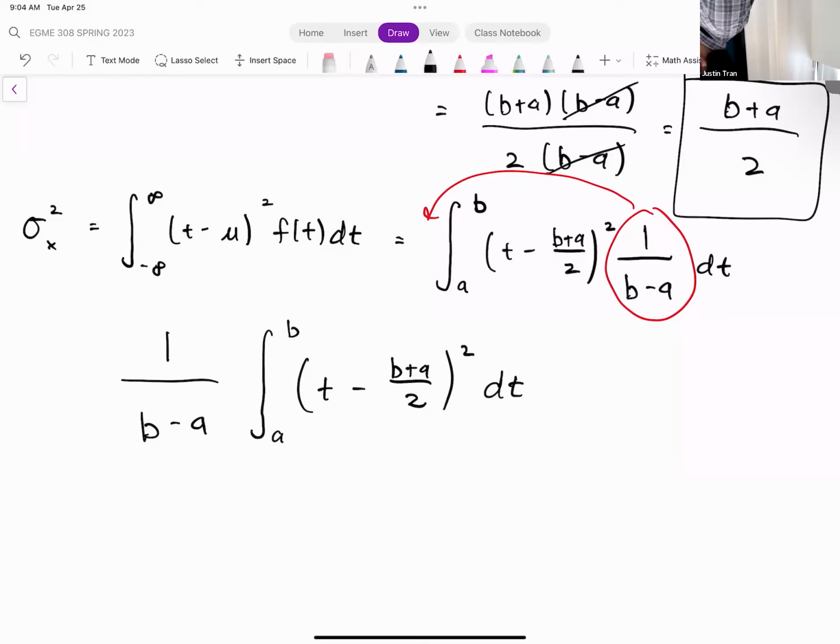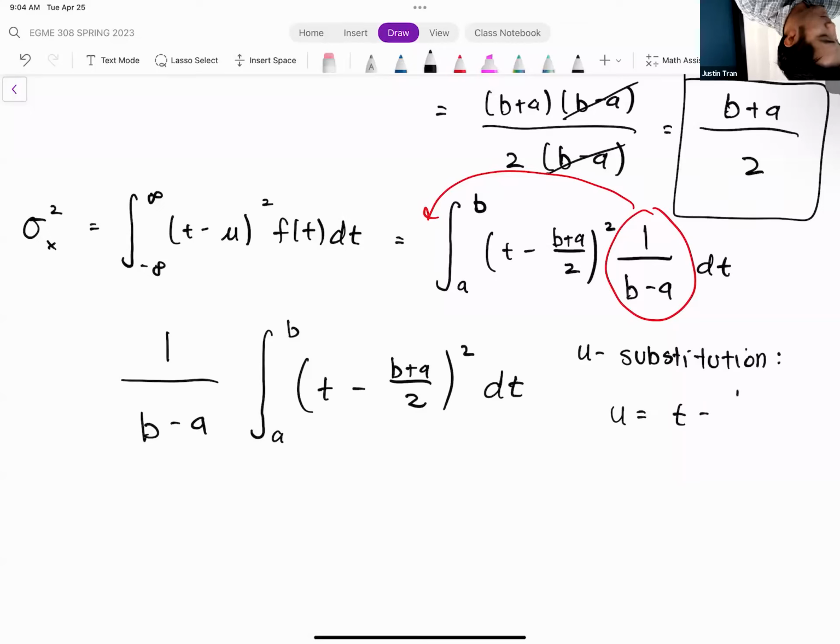All right, you can do this integral in lots of different ways. One way is to FOIL it out and integrate that. But this is a very classical example where we can do u substitution. If we let u equal t minus b plus a divided by 2, remember that b plus a divided by 2 is just a constant, so when we take the derivative of u, we just end up with dt.